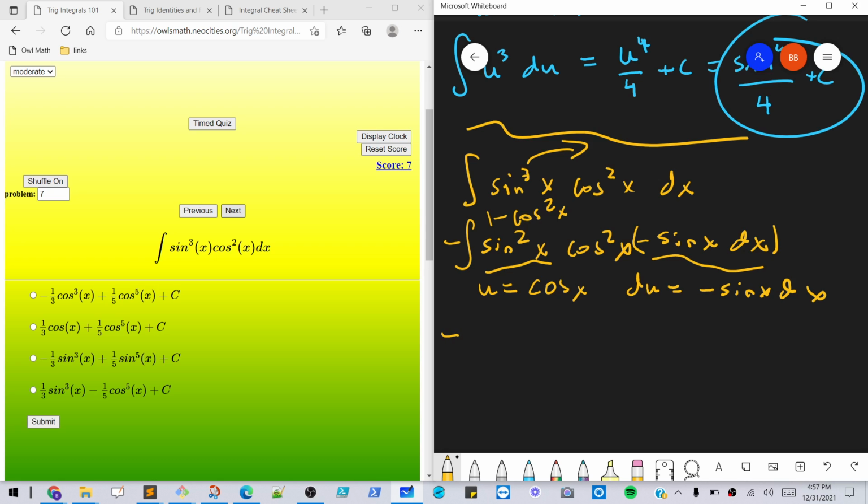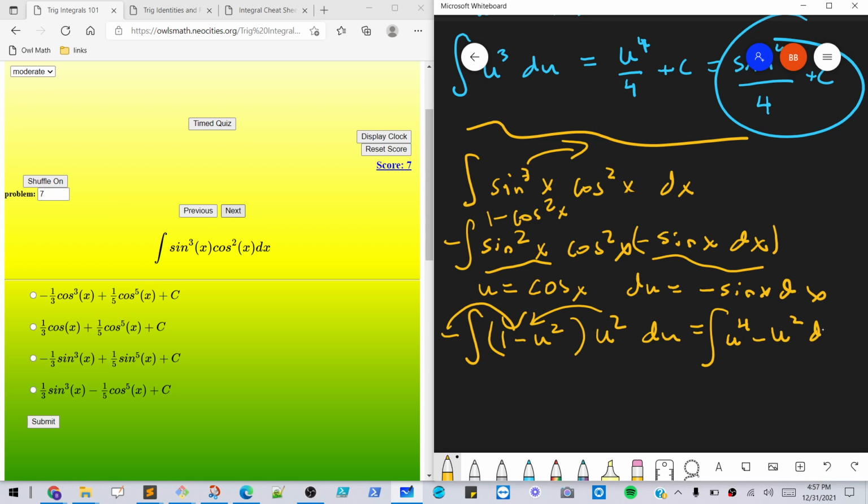So I'm just going to rewrite this. We're going to have 1 minus u squared times u squared du. We'll distribute this. Actually, when I distribute it, I'm also going to distribute this negative in here just to get rid of it, to prevent making a sign mistake later on. So we can rewrite this as u to the 4th minus u squared.